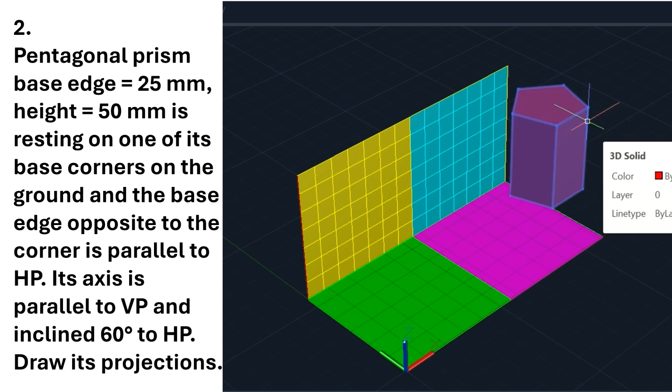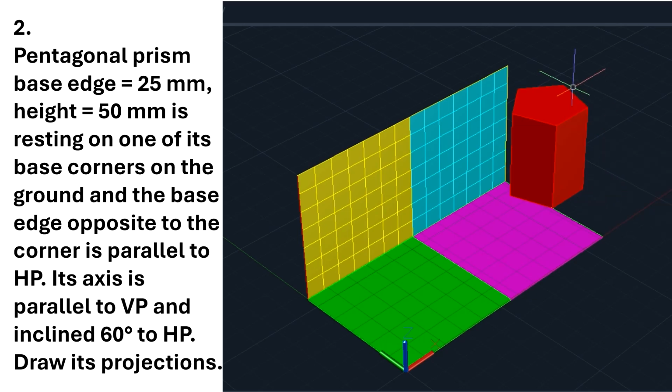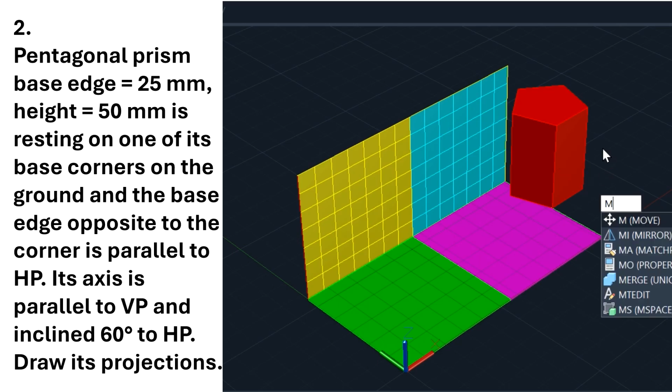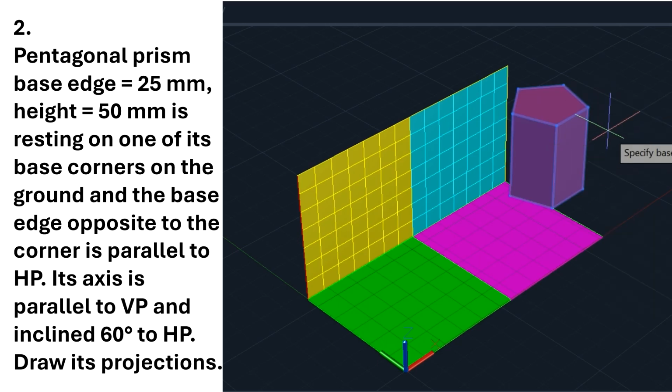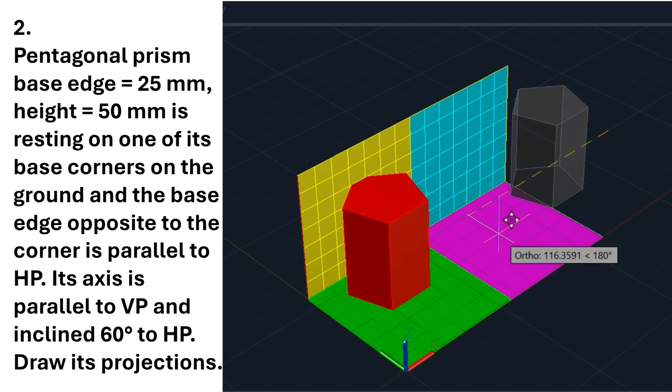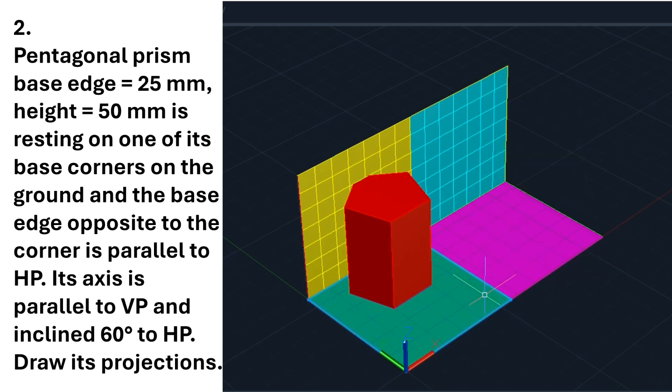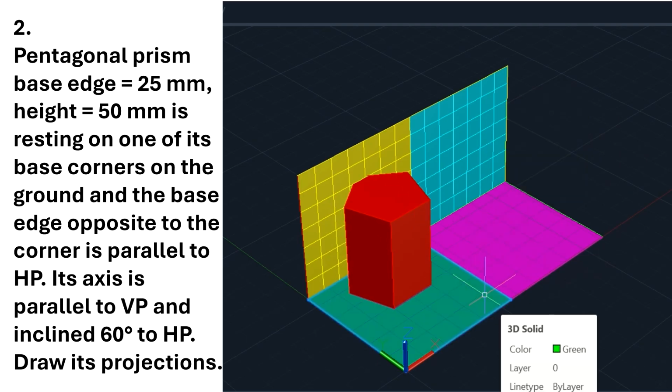So now this pentagon base corner is resting on the ground. Any one corner is resting on its base on the ground. So whichever side you are assuming is resting on the horizontal plane, try to make it on the right side.